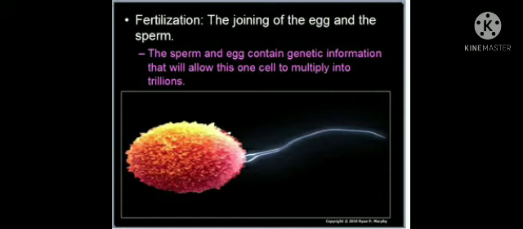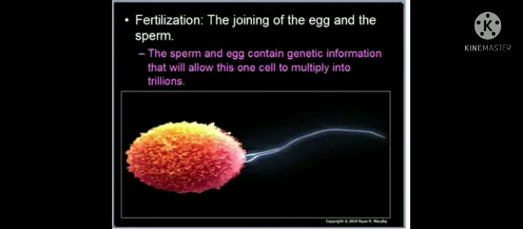The fusion of both gametes occurs in the ampullary isthmic junction, where the ampulla and the isthmus, both regions of the fallopian tube, join. At that place the fusion of the male and female gamete occurs.